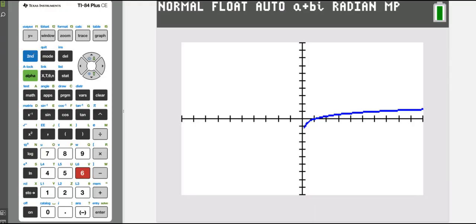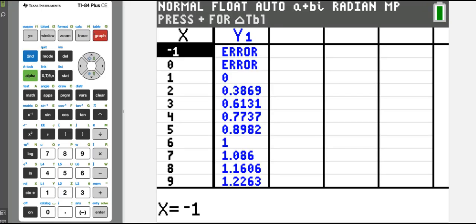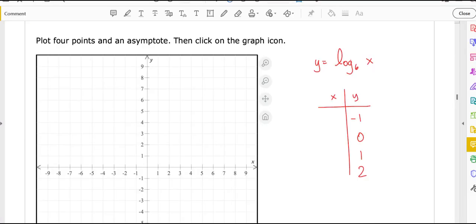If I go to my table set, which is above window, so second window, and I want to start it at -1 and go up by 1, then I can go look at my table. Okay, when x is 1, my y is 0. So there's a point. I have 1, 0.